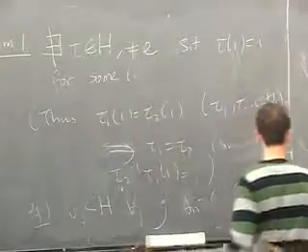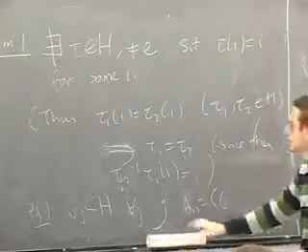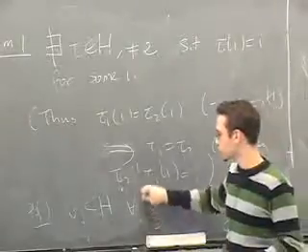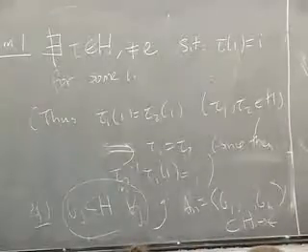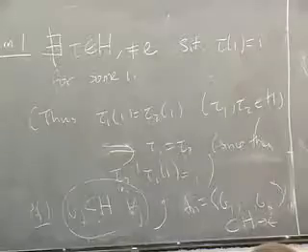So that's a contradiction. The real point is to show that every G_j is a subgroup of H, and that's using the sorts of things that we've done so far.